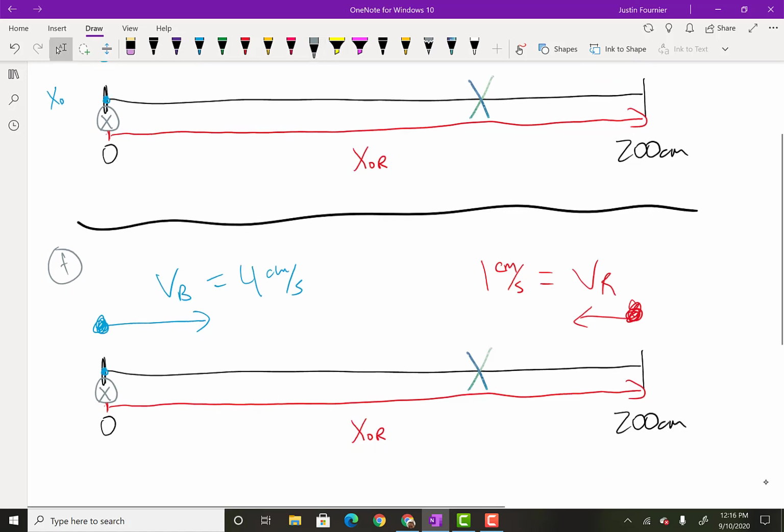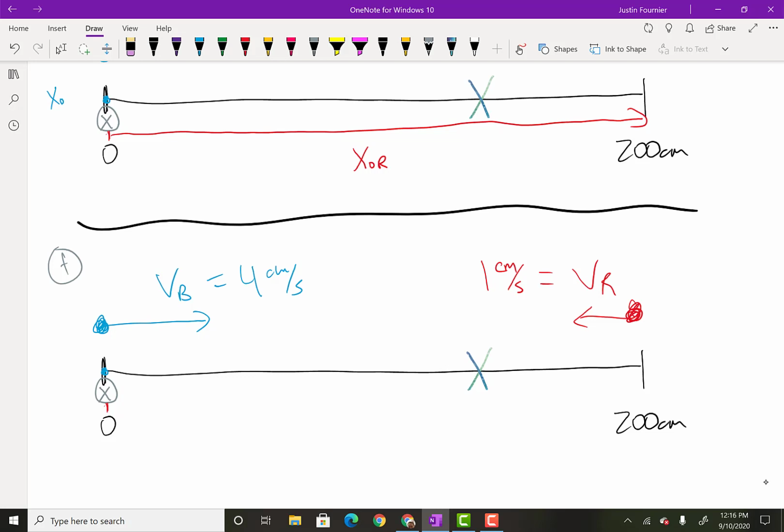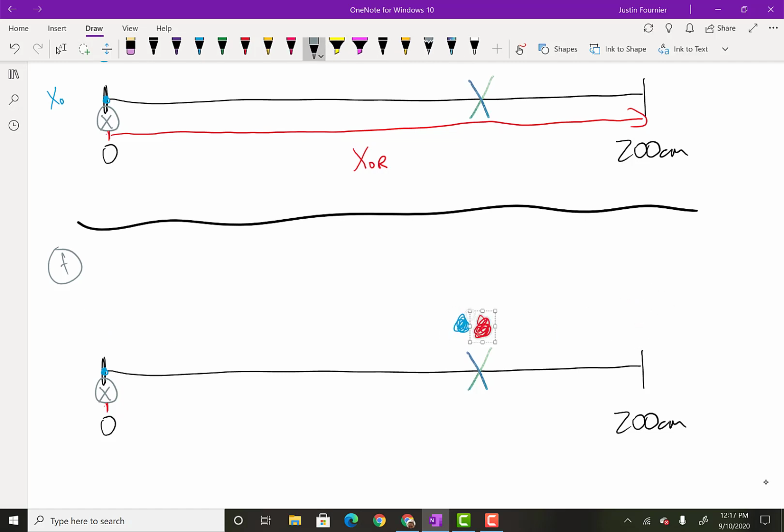And at my final moment, both of the cars are going to crash. So for simplicity's sake, I'm going to get rid of the arrows. The final moment, where I'm saying this problem is going to end, is when both cars hit each other, where I think they're going to meet. I'll call this my final position.